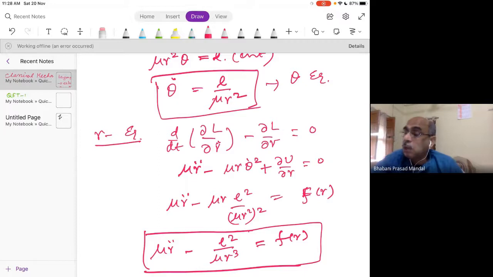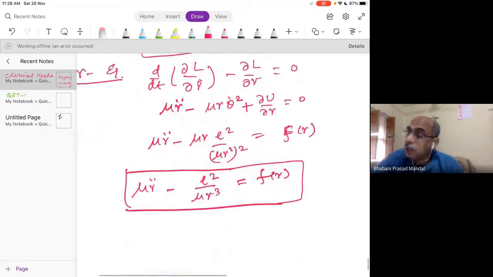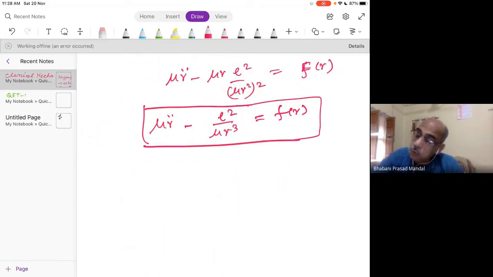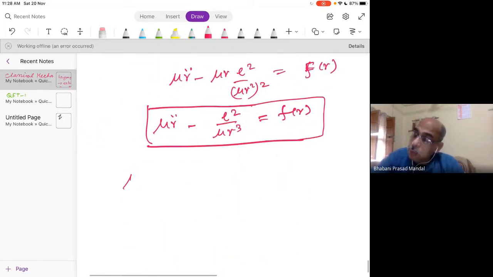So if you can solve this, then you know this one body problem. But before solving, we'll get some interesting results in this system. First thing is that we saw that mu r square theta dot is constant, right?